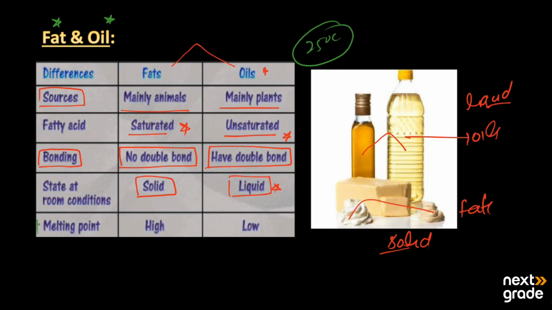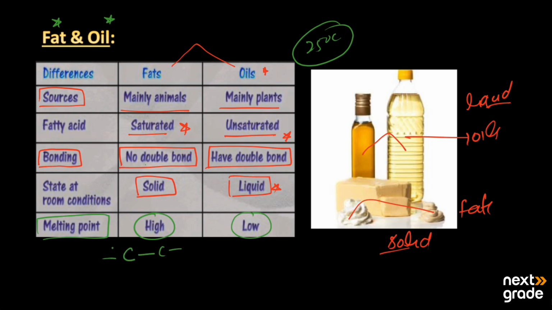After that we have their melting point. The melting point of fats is high and the melting point of oils is low, and all that depends upon the presence of double and single bonds. As there is no double bond, meaning just a single bond is present between carbon atoms, they are saturated.